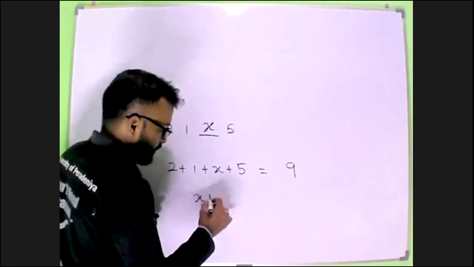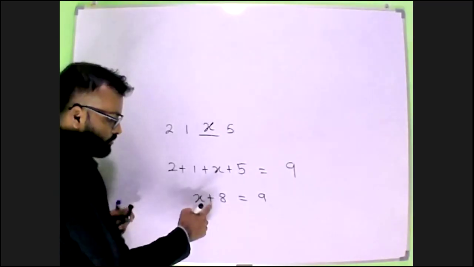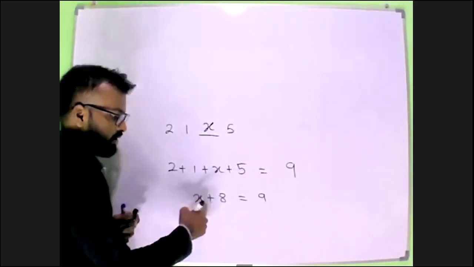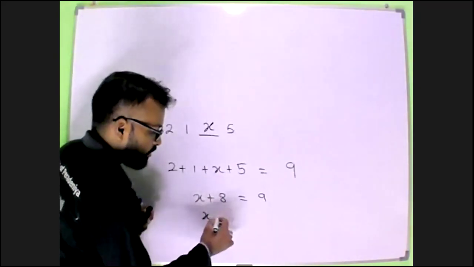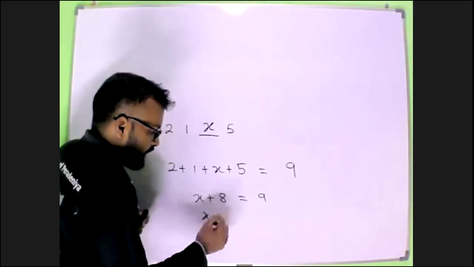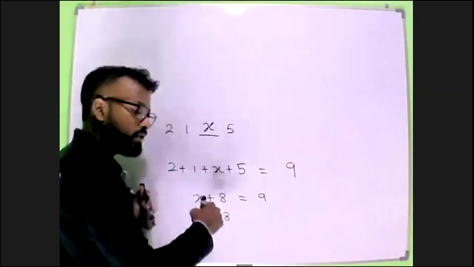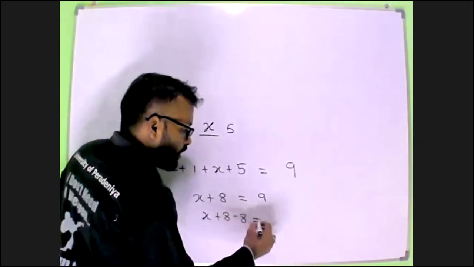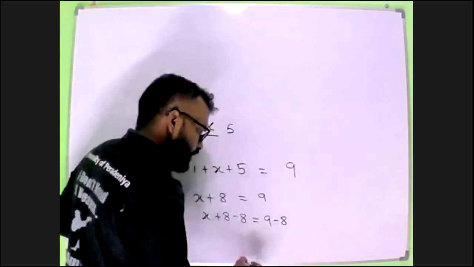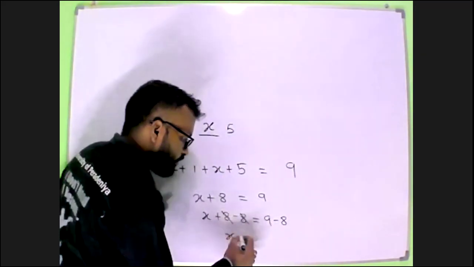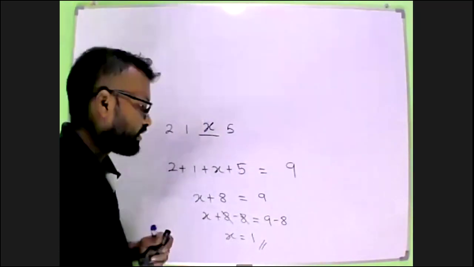So x plus 8 equals 9. Subtract 8 from both sides, cancel out. x equals 9 minus 8, which is 1.